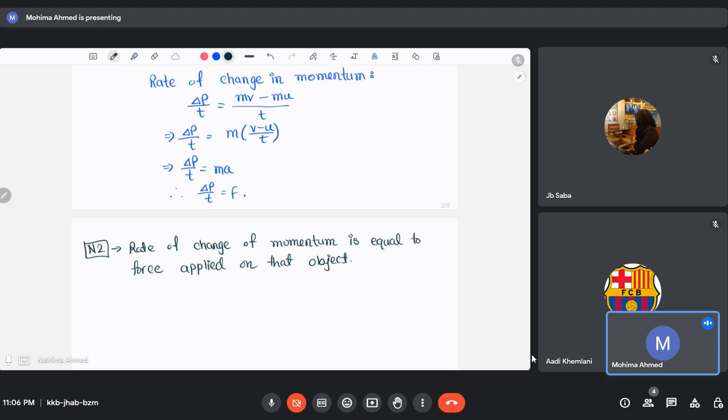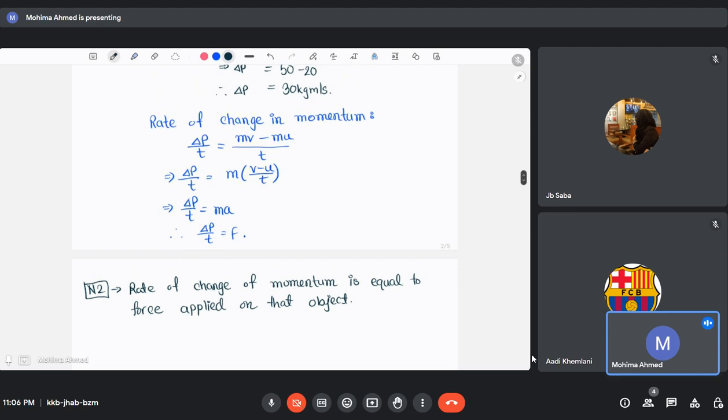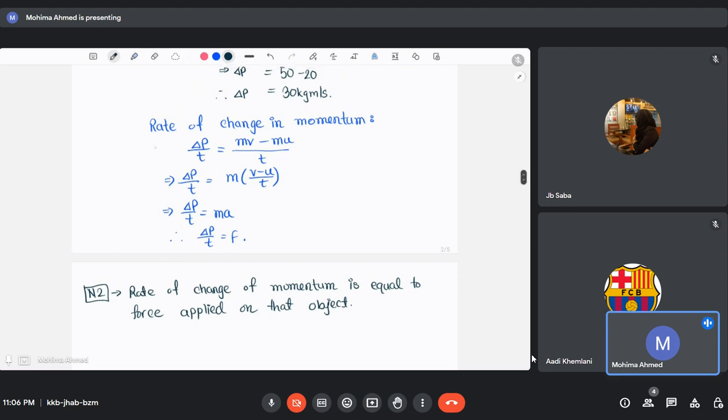So with the idea of unbalanced force, we were using it in the Newton's second law concept, right? But the actual definition of the second law, the meaning of the second law, was this derivation: the rate of change of momentum with respect to time. From this derivation, we can clearly see that the final thing we get at the end is that the rate of change of momentum is equal to force. So this is the final definition for Newton's second law.